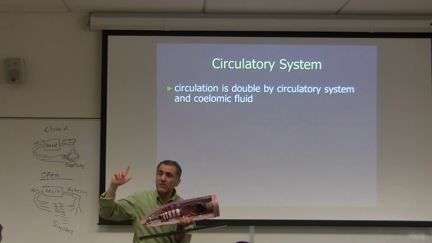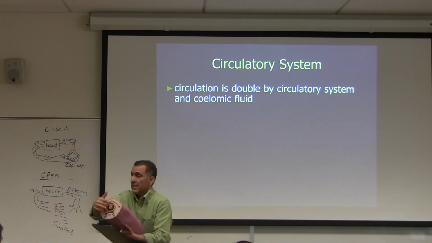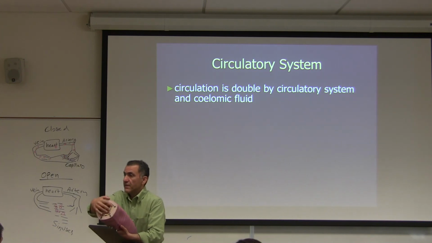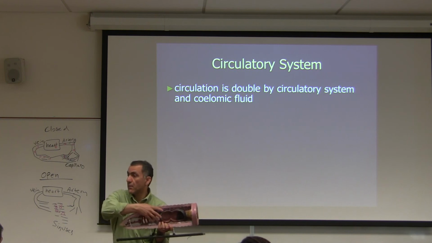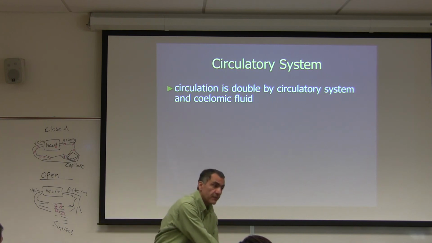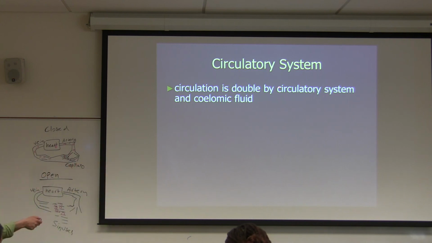So when I say double circulation, when the animal moves, the fluid in the coelomic area moves, right here, outside of the intestine, and they also have a complete closed circulatory system. So it's double.